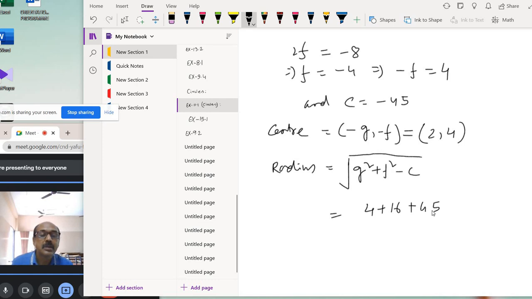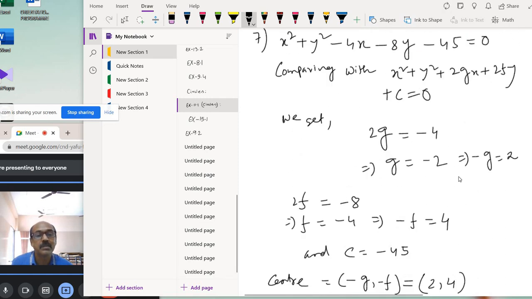The sum of this is 65, so the square root of 65. So the center is 2 comma 4 and the radius is the square root of 65.